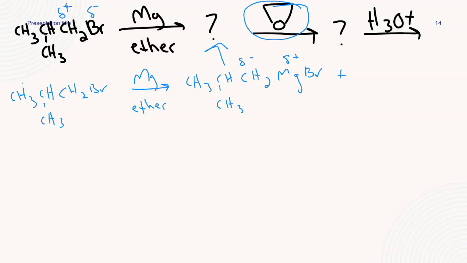if I react with an epoxide, the oxygen down here is more electronegative than both of these carbons. So this oxygen is partially negatively charged, and these carbons are partially positively charged. Because this carbon is a nucleophile, it can attack one of these electrophilic carbons. The electrons come from the carbon-magnesium bond to whichever carbon is less sterically hindered, and we break this carbon-oxygen bond.